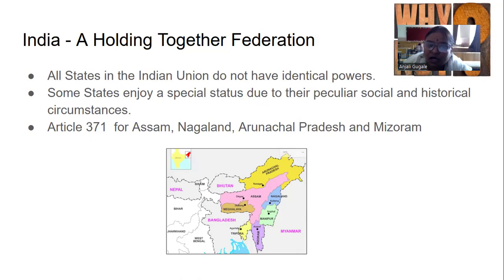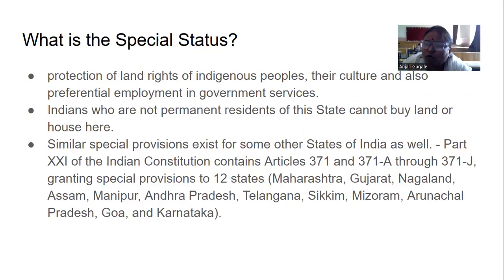As per Article 371, Assam, Nagaland, Arunachal Pradesh, and Mizoram are enjoying special status. Now, what is special status? Again, I'm explaining here. It means protection of land rights of indigenous people, their culture, and also preferential employment in government services.